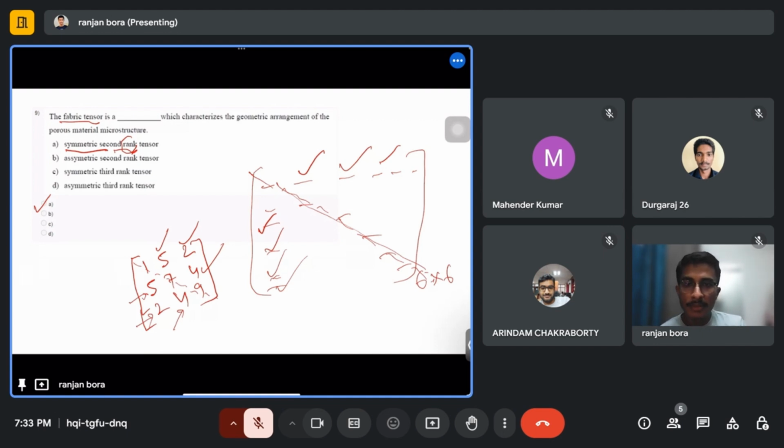Okay. These derivations are already there in a research paper, and sir has also taken these contents from some previously published articles. I haven't gone through that research paper, so I need to see how it comes as a symmetric second rank tensor.